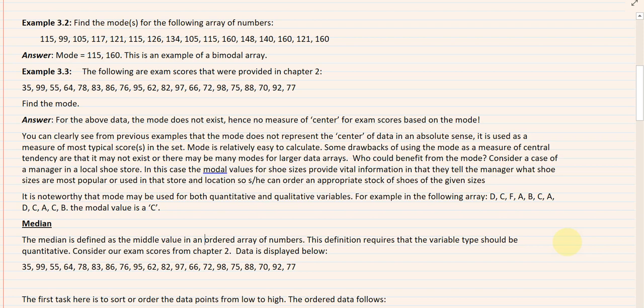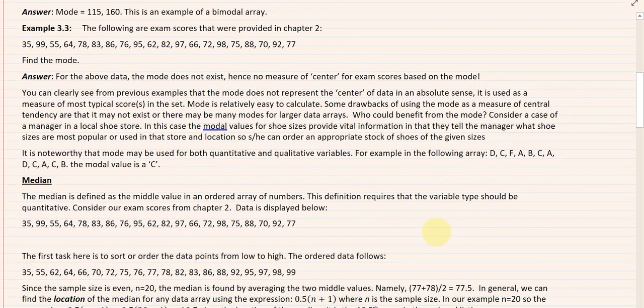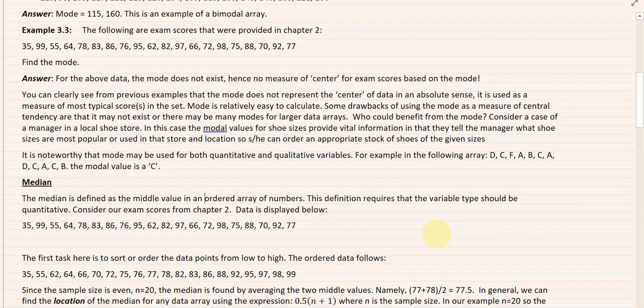Okay, so remember, in order to calculate the median by hand, we need to order the data from low to high. So the second roster that I have here, this is the first one and this is the second one, I went ahead and ordered this data from low to high. Now I need to find the middle value.